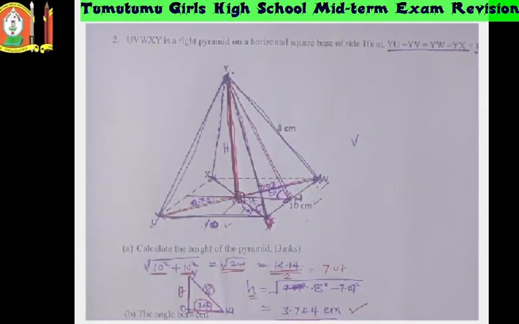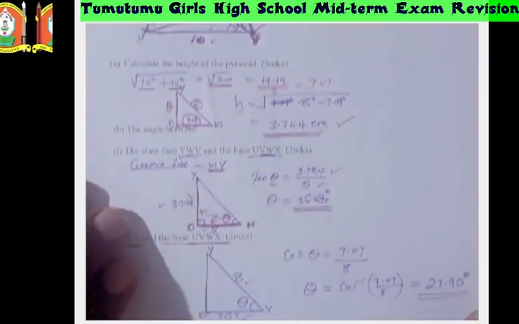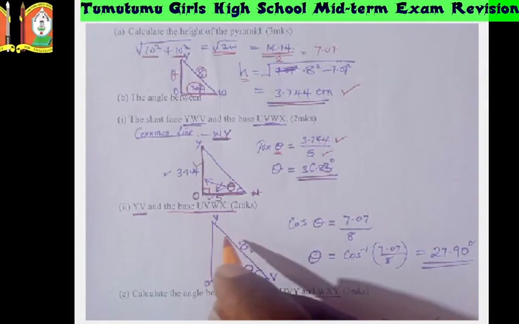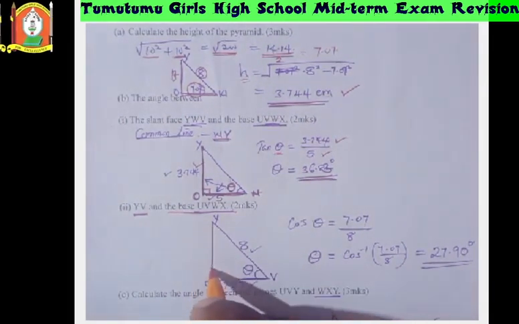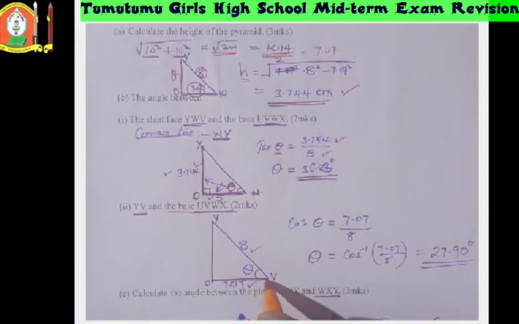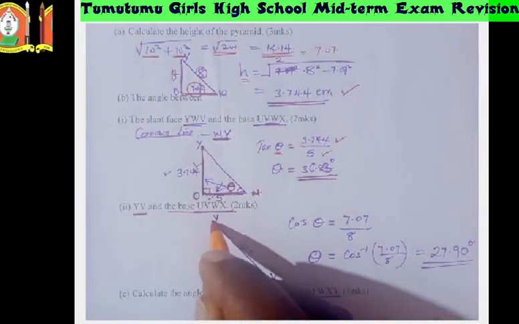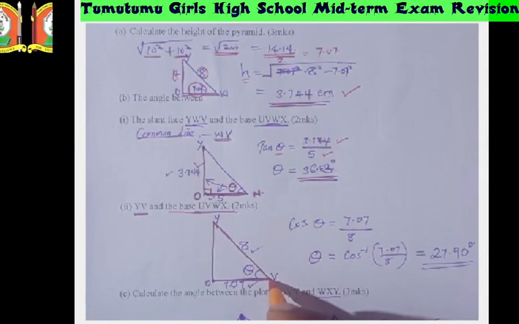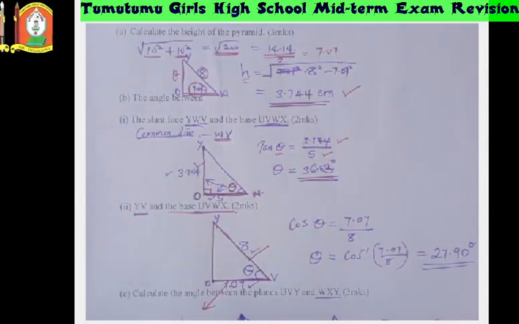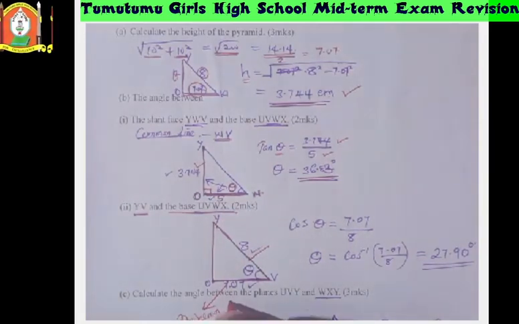We see a possibility of getting a right angled triangle, which is from Y to the base at the center, then to V, and then we have YV. This is our line, and this is the projection of the line YV on the plane.